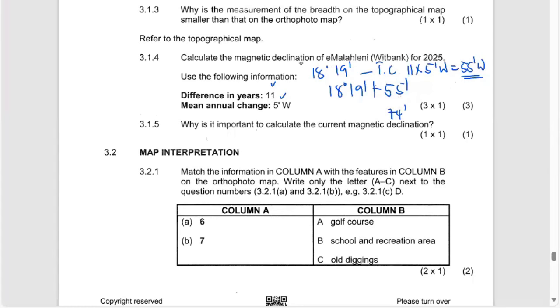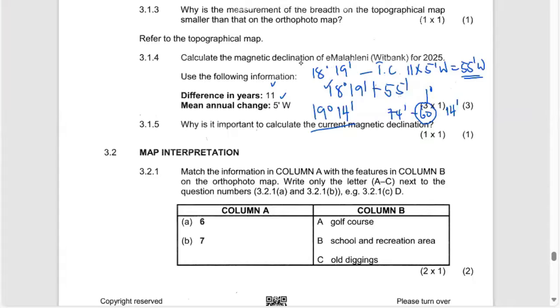From 74 minutes, there is already 1 degree there. We subtract 60 to remain with 14 minutes. So this 60 is equal to 1 degree. We add it to the degrees side. So 18 plus 1 gives us 19 degrees, and the remainder is 14 minutes. This is our current angle for 2025: 19 degrees 14 minutes.